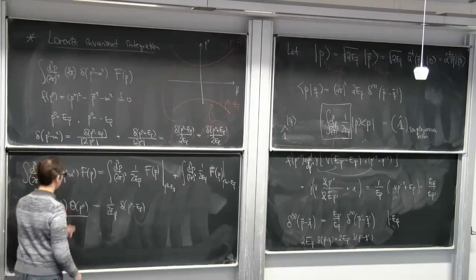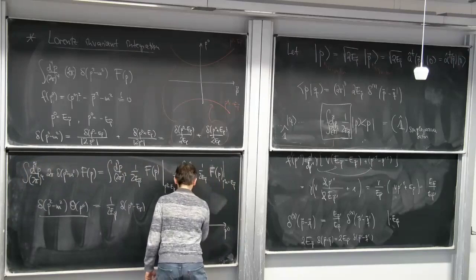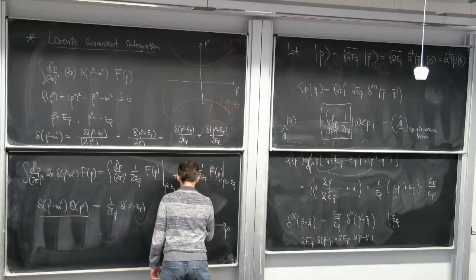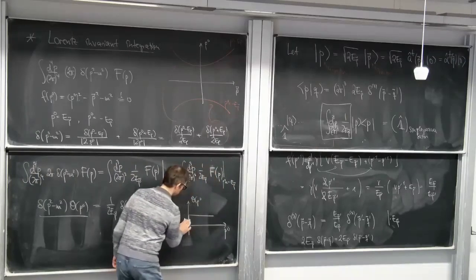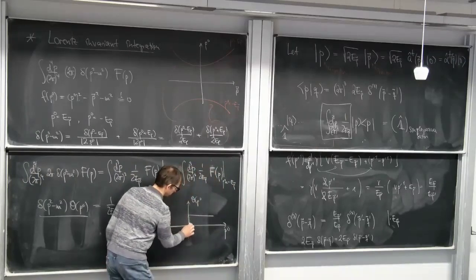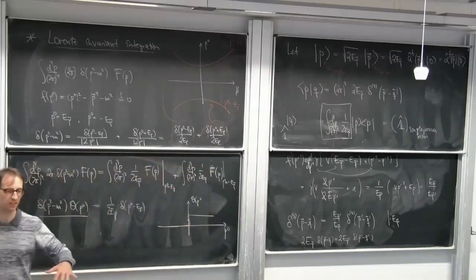Is theta of p0 an invariant function? So this is p0, and this is theta of p0, and it looks like this. Nothing jumps up. We don't know what it does here. Some people say it is included here, some say it's a half, whatever. Something like this is obviously different. Is that Lorentz invariant?